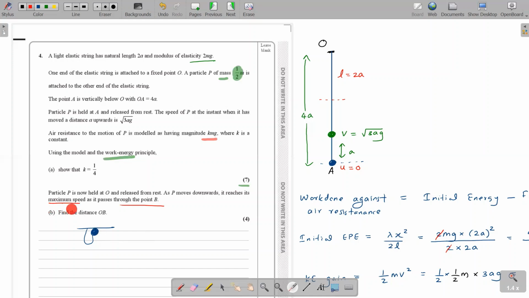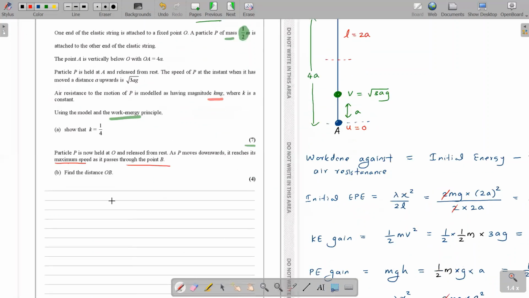So considering the path, you need to find the position where the maximum speed occurs, where the acceleration is 0. When you reach your maximum velocity, the particle, having been released, comes racing down.